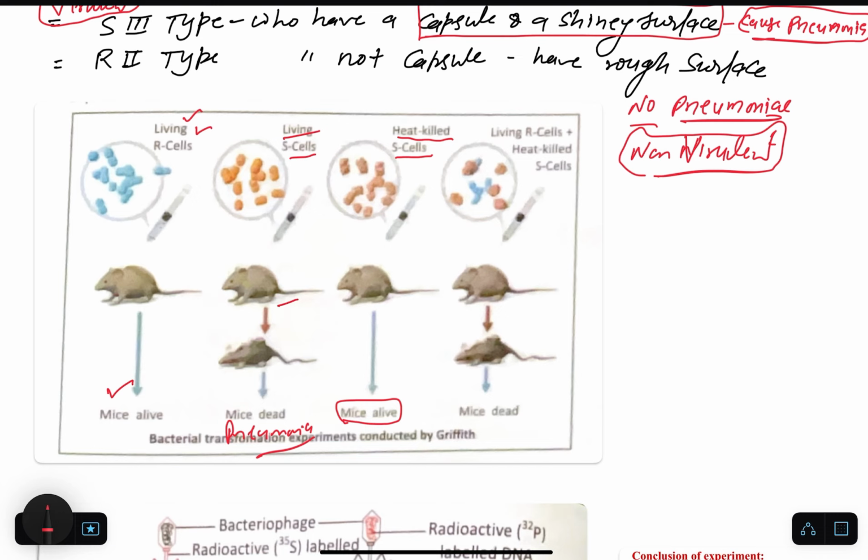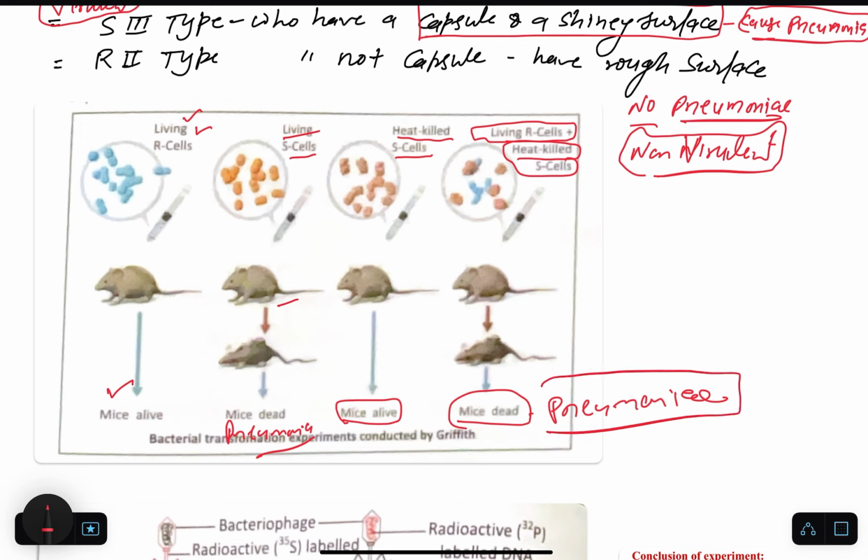Now, further, he used live R type and heat-killed S type, introduced both into mice, and he found that the mice die due to pneumonia. He was very confused by looking at that. Given he only used R type, the mice is alive. When he used S type, mice died. When he used heat-killed S type, the mice is alive.